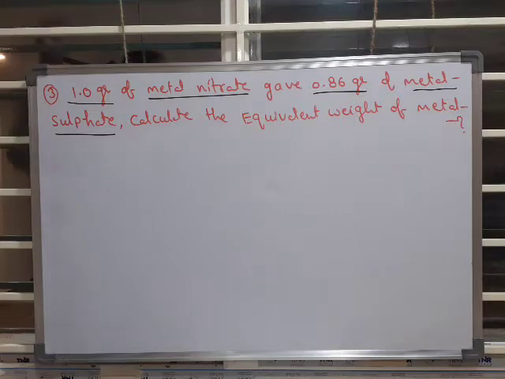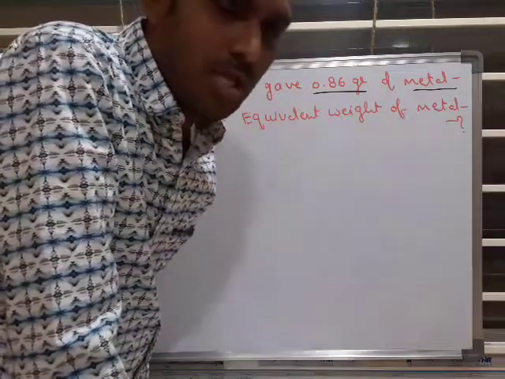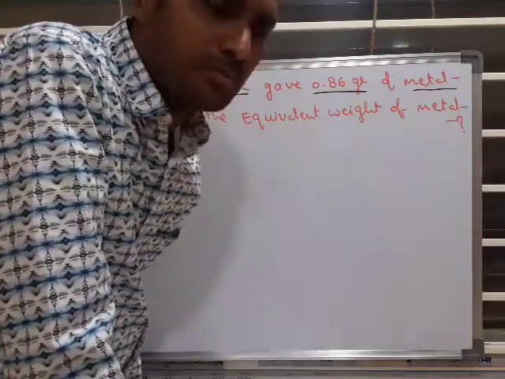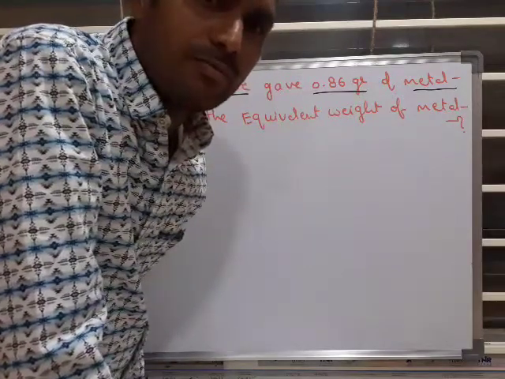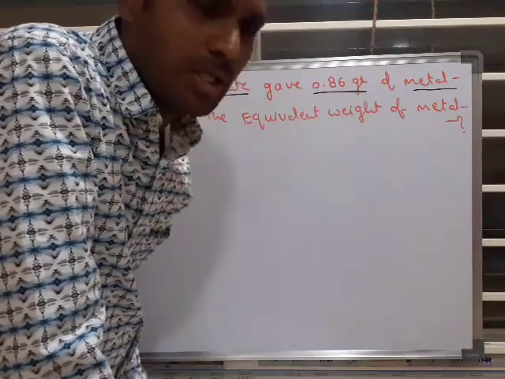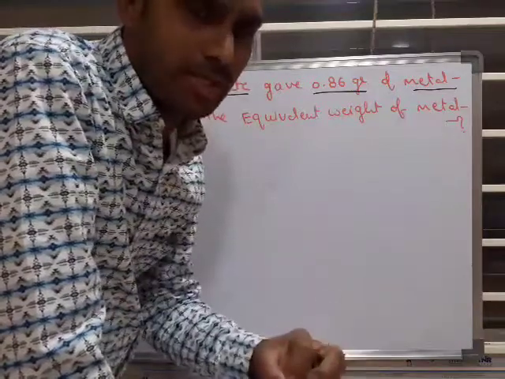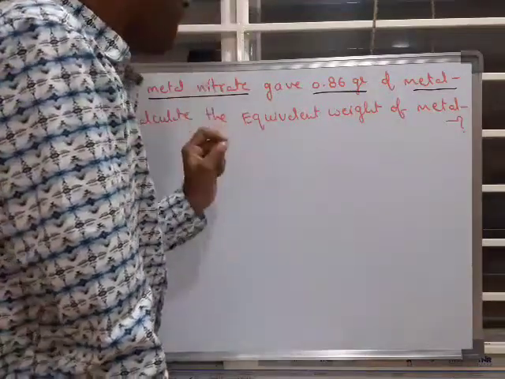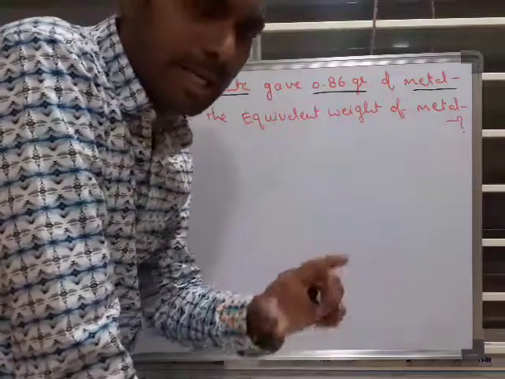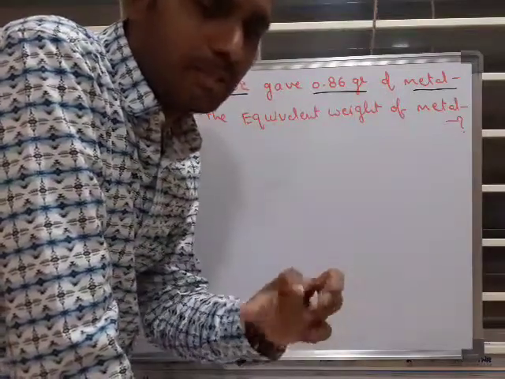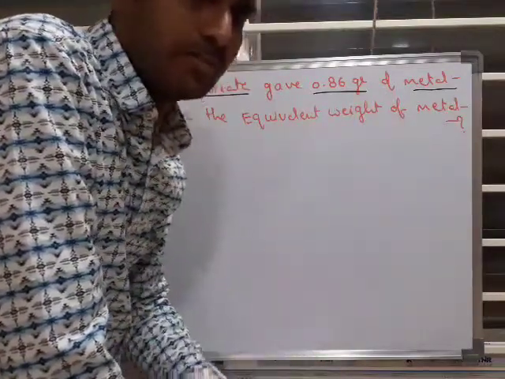So there is no option; compulsorily we have to take the general method only. What is the reactant and what is the product? The metal nitrate is the reactant, and the metal sulfate is the product. Only the first method is suitable.